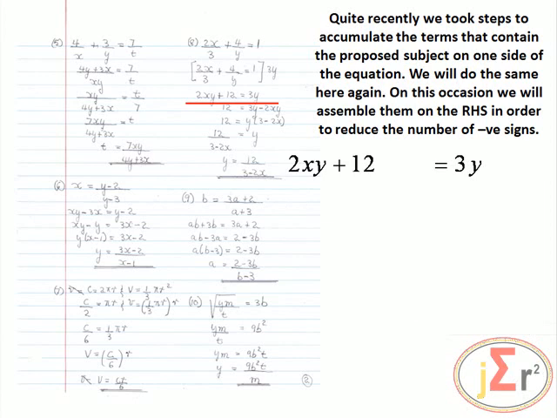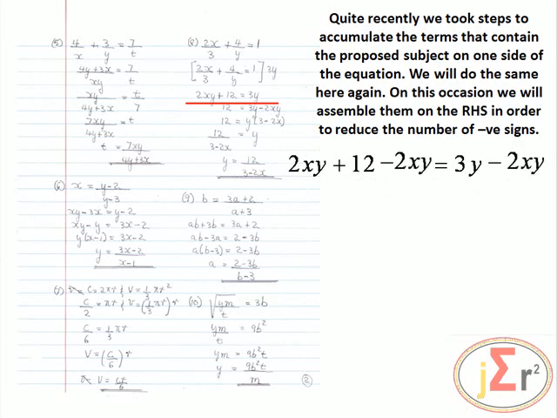So what do we do? We eliminate the 2xy from the left hand side by subtracting 2xy, and we will do that on the other side as well.